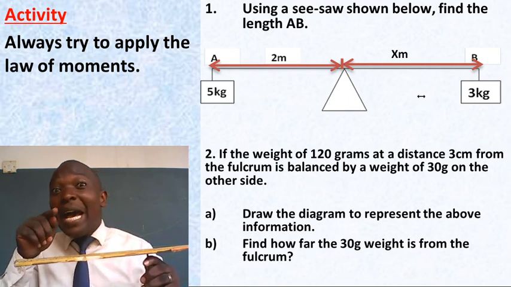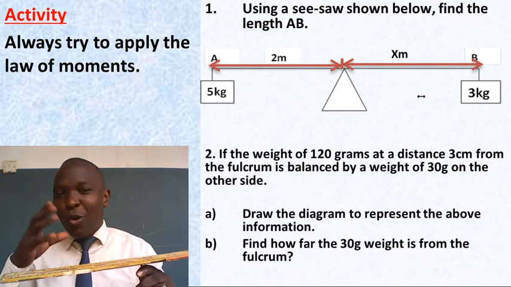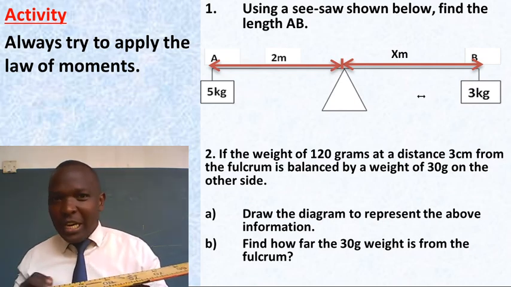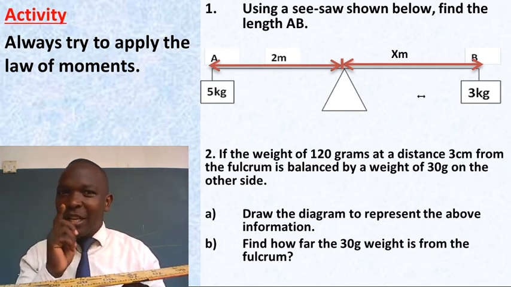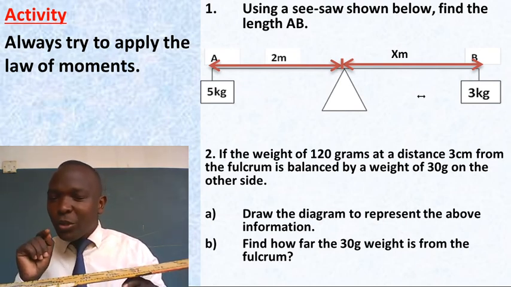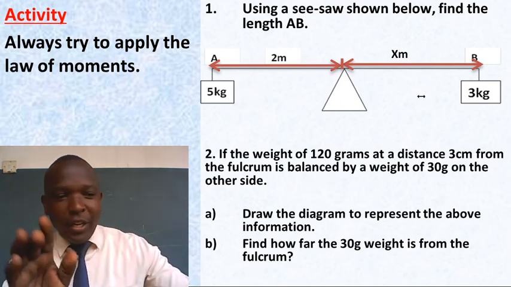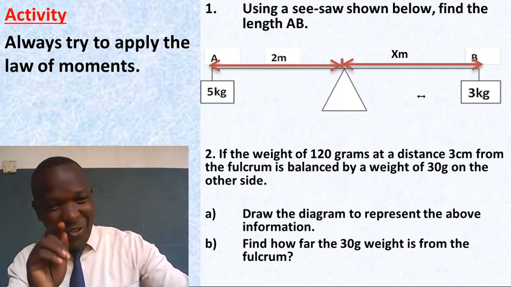How? By applying the law of moments. Clockwise moments are always equal to anti-clockwise moments. Load times load arm always equals effort times effort arm. Sorry, it's an activity. Work it out.